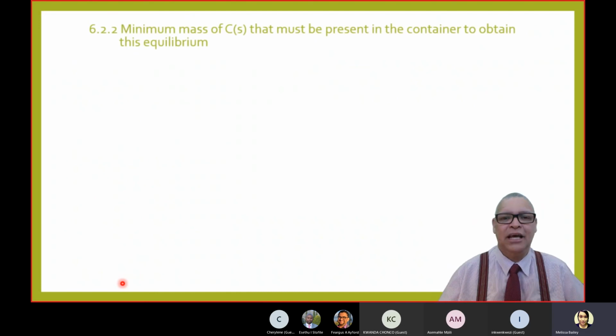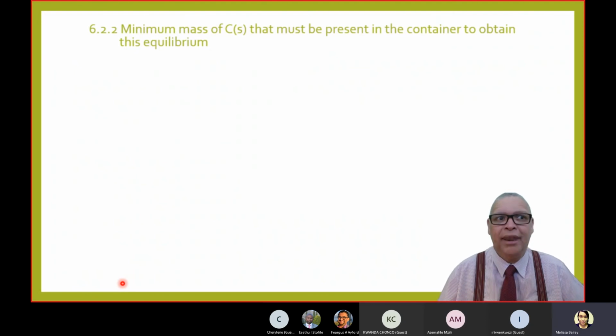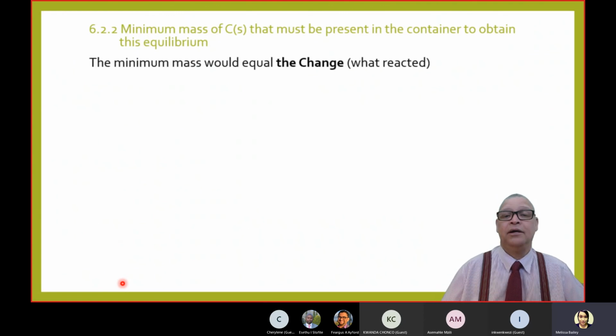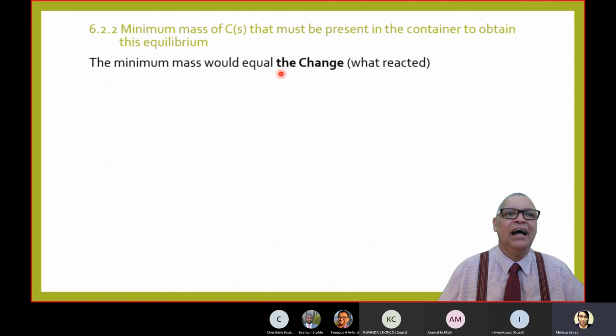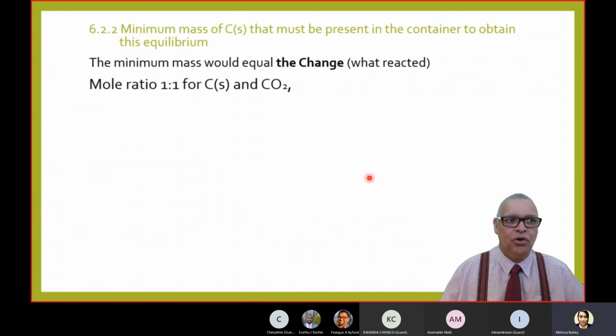6.2.2, based on what we've just calculated, the question said, calculate the minimum mass of carbon solid that must be present in the container to obtain this equilibrium. Well, the minimum mass would equal the change in the rise table. In other words, what reacted.